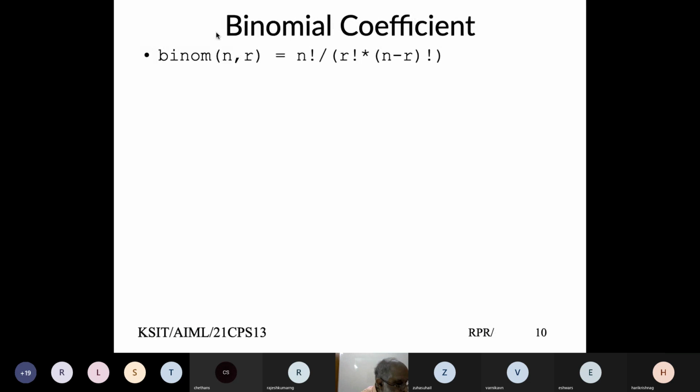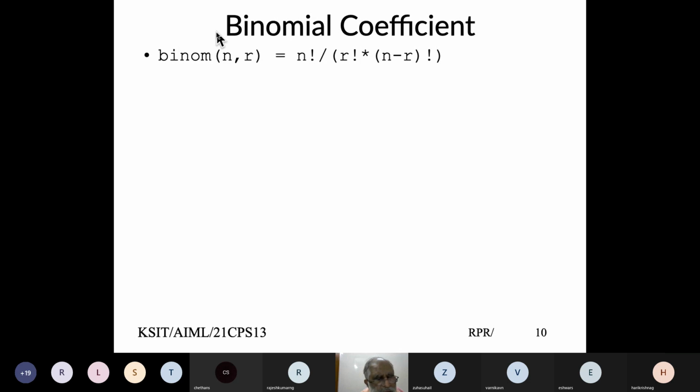So I compute factorial r multiplied by factorial n minus r, and n factorial is divided by this multiplication, and that gives me the binomial coefficient nCr.